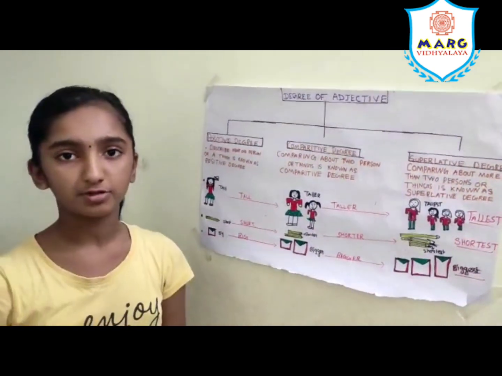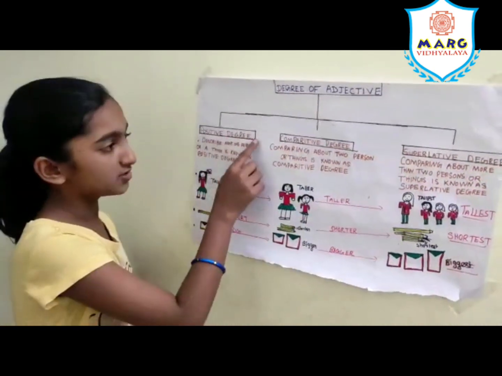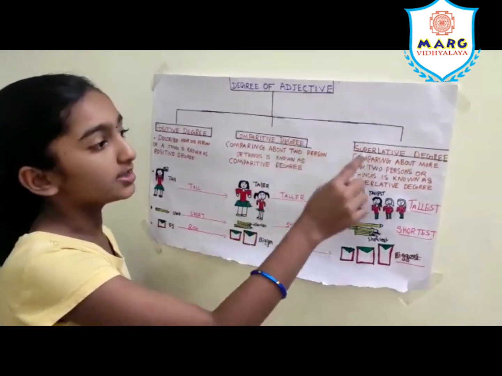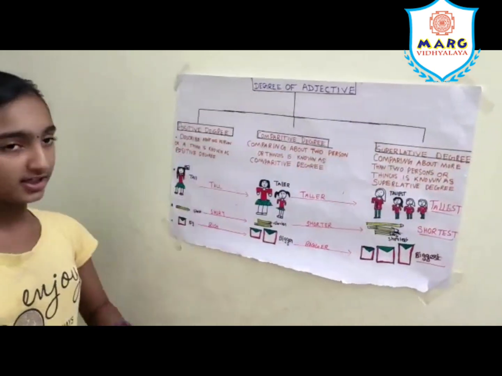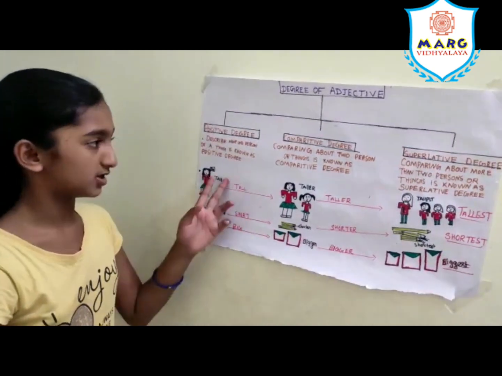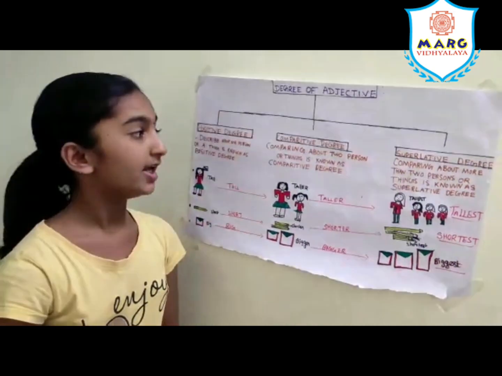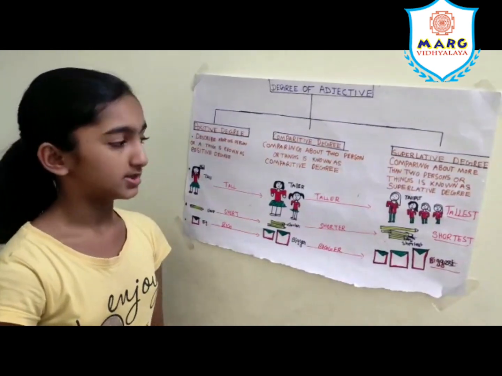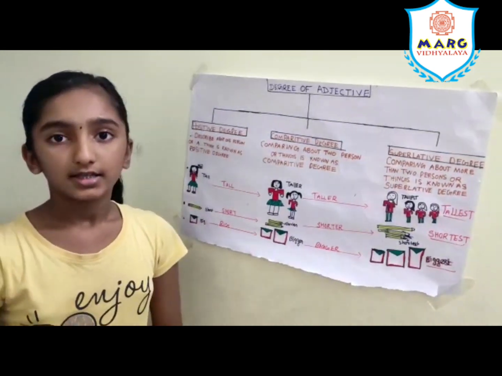Now I am going to tell about degrees of adjectives. There are 3 types of degrees of adjectives: positive degree, comparative degree, and superlative degree. Positive degree describes one person or thing. Comparative degree compares two persons or things.